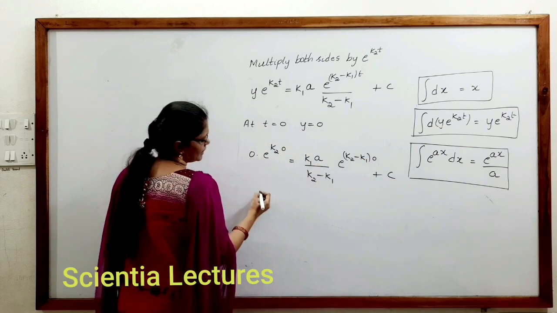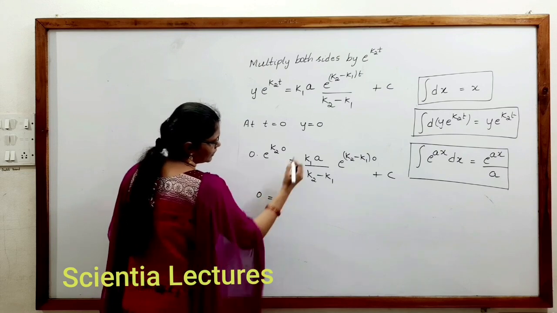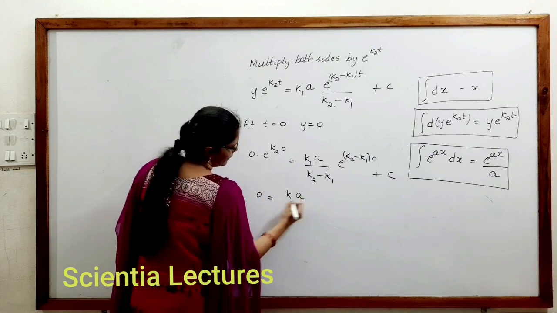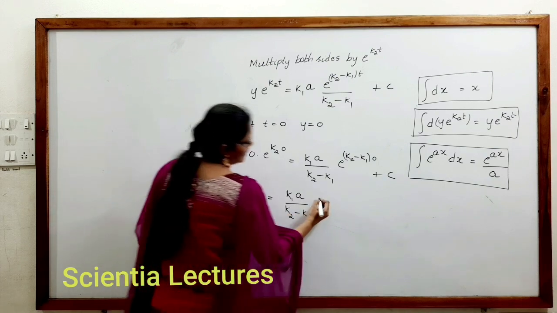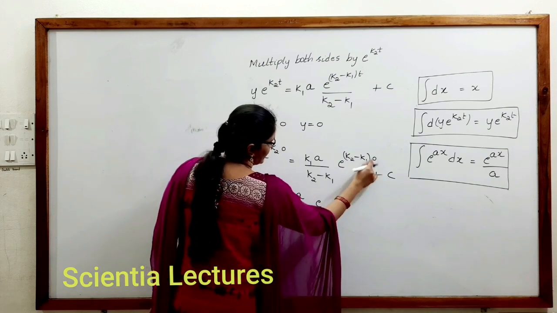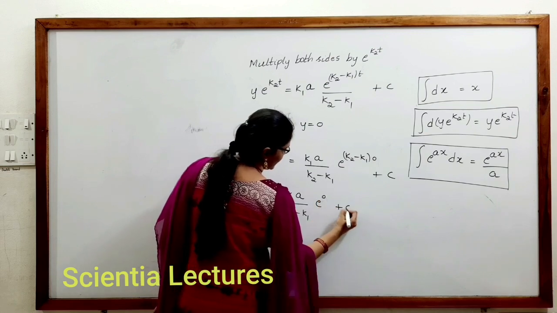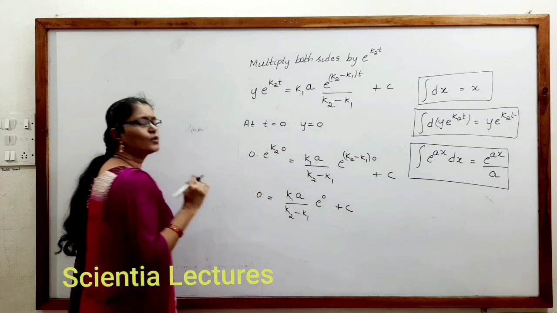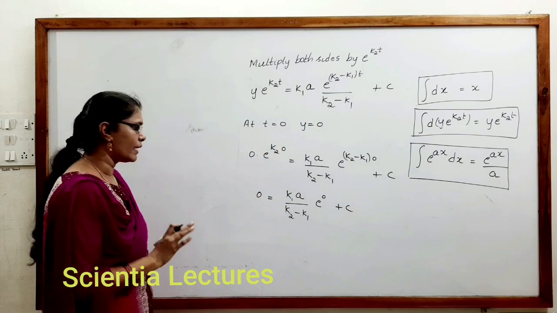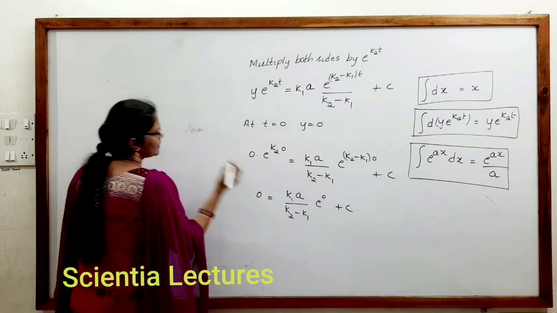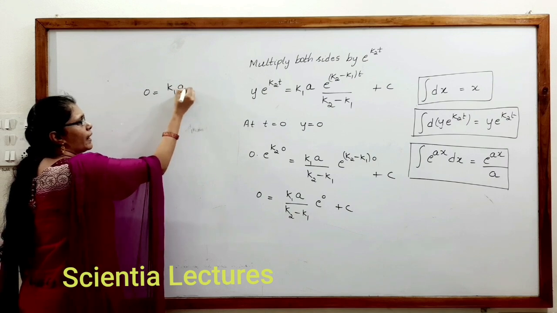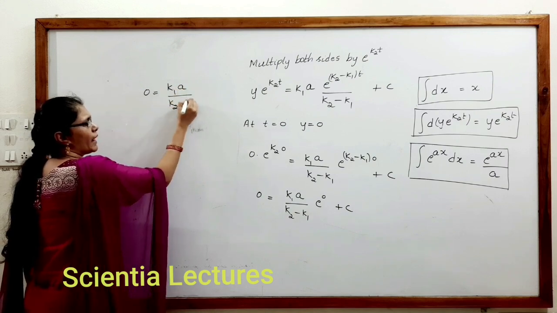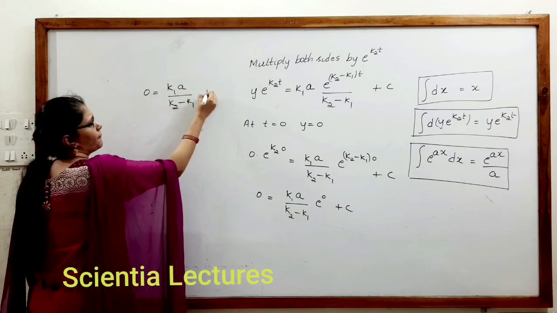So 0 into something is 0. This is equal to k1 a by (k2 minus k1) times e^((k2 minus k1) times 0), which is e^0, plus c. What is e^0? It is 1. Anything to the power of 0 is 1. So we get 0 equal to k1 a by (k2 minus k1) plus c.